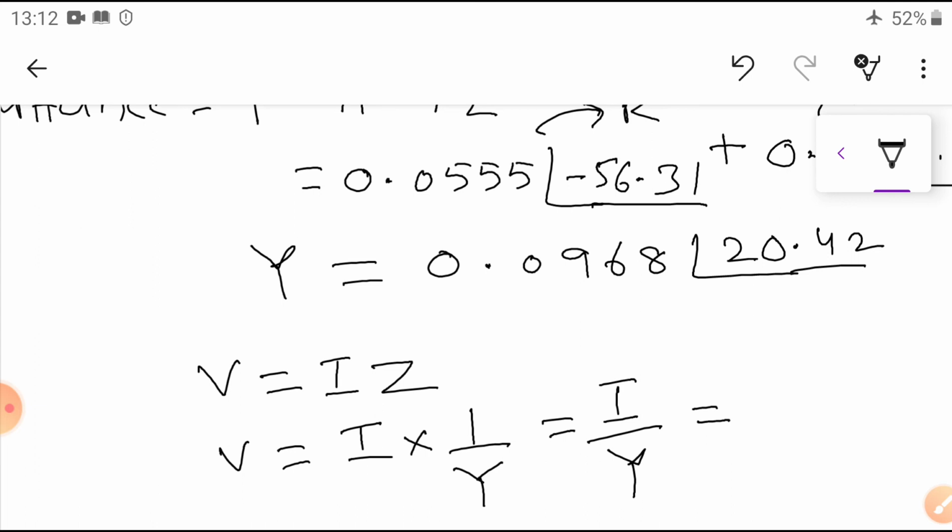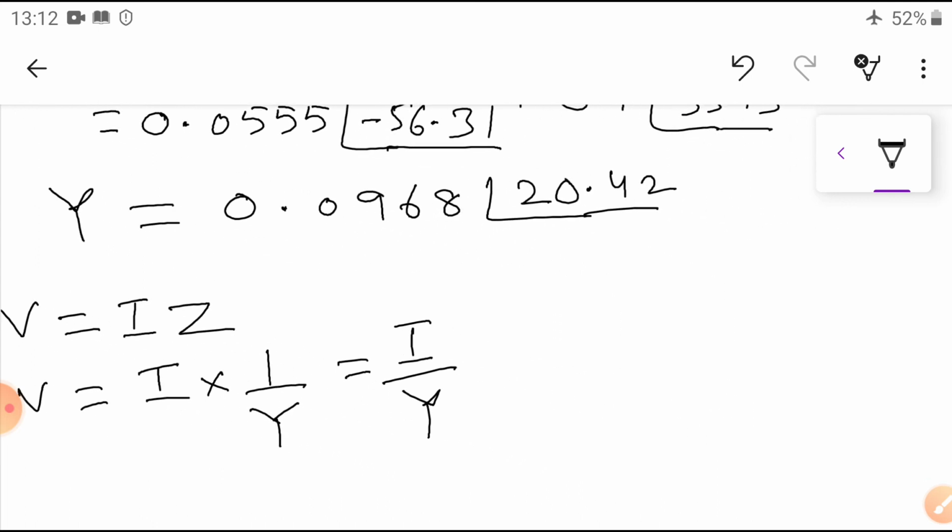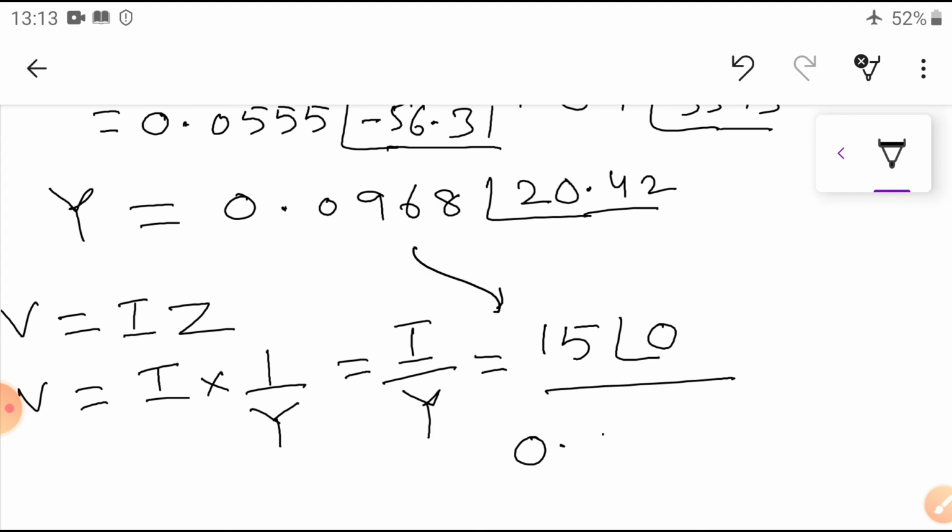I is given as 15 at an angle of 0, the reference, divided by the Y we calculated, 0.0968 at an angle of 20.42.